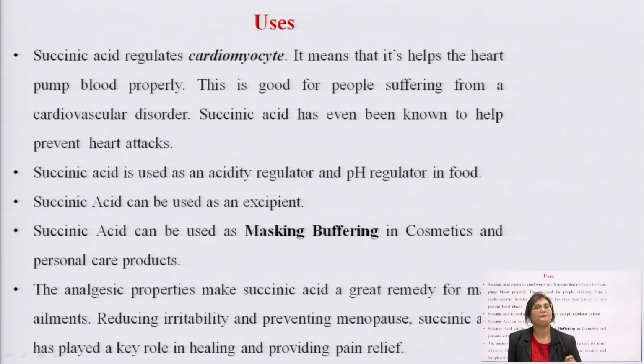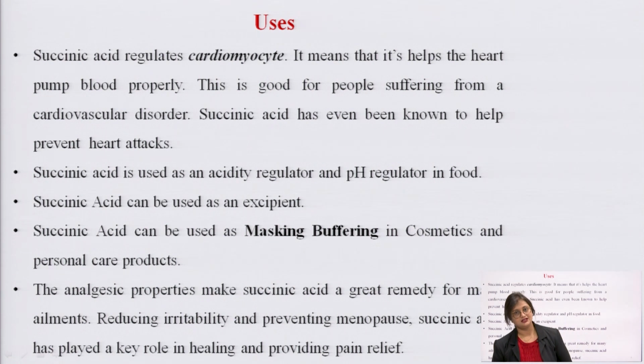This is good for people suffering from cardiovascular disorders. Succinic acid is even known to help prevent heart attacks. Basically, they act as cardiomyocyte supporters, hence they help people suffering from heart diseases or cardiac disorders, and they also help in preventing heart attacks.